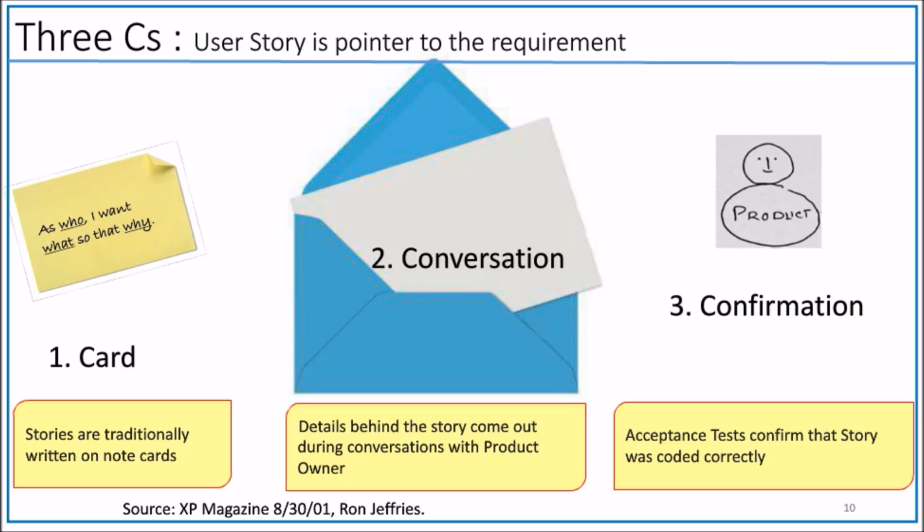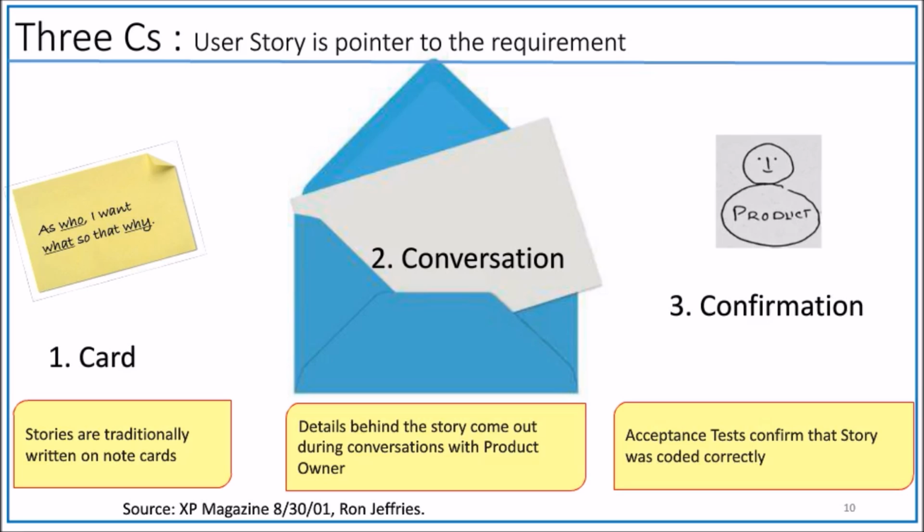So, as a user, the person who is actually using the system, I want this functionality so that I can achieve this benefit. Who is requesting this functionality, what is being requested, and why is he requesting? All three things are bundled in one capsule. That's called a user story. The intent of writing the user story on a sticky note is that the user story should be crisp.